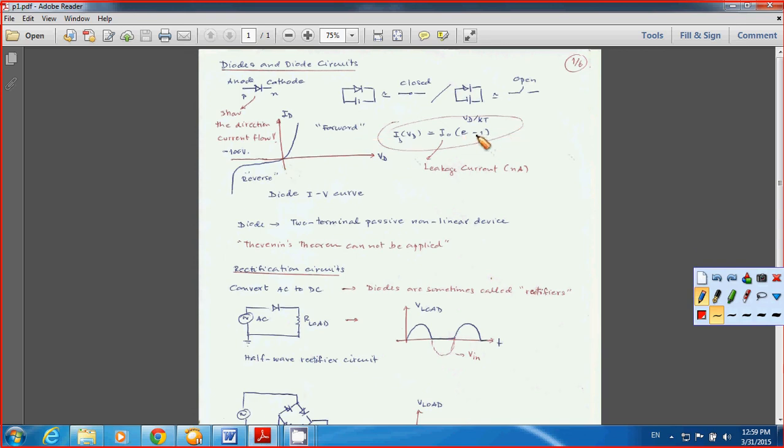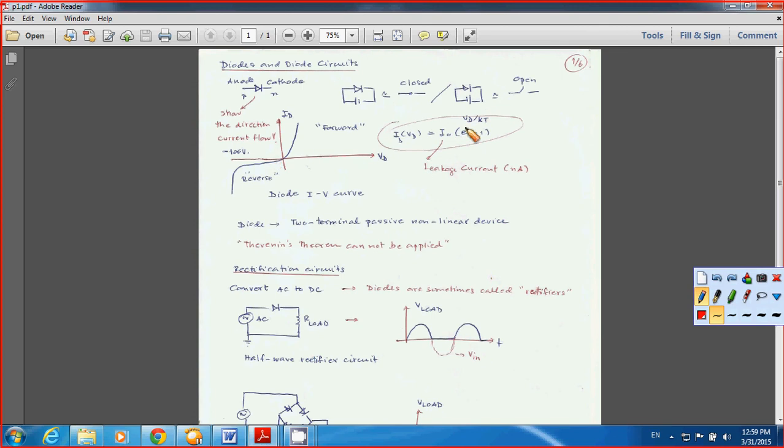But when you are increasing the forward bias, this term becomes bigger and bigger, and this term is much larger than 1, so you can ignore 1. So after that, your ID corresponds to VD in the term of I0 multiplied by exponential VD over KT.